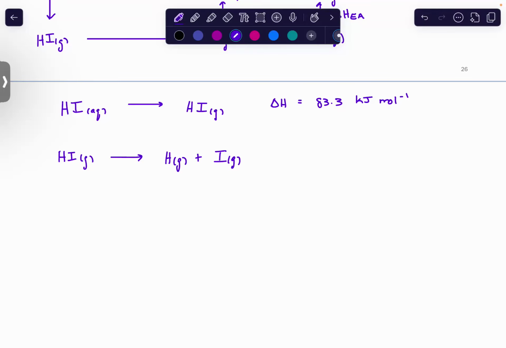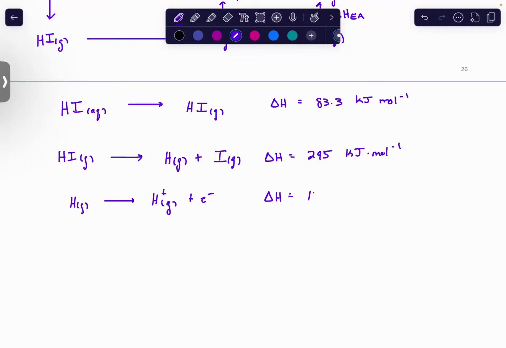Okay, so we have hydrogen and iodine. This delta H is going to be about 295 kilojoules per mole. And then we're going to ionize the hydrogen. So this is technically, again, the ionization energy.